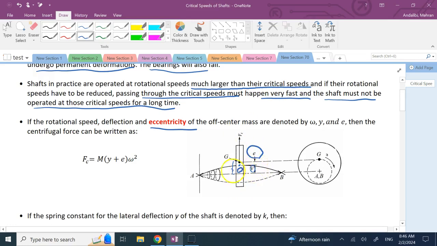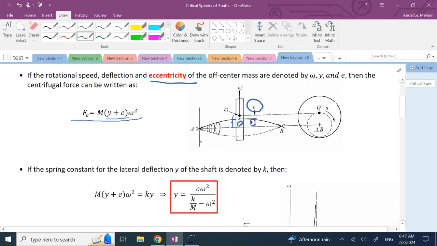When the shaft is very stiff and the load is not too much, that y might be very small, and you may not even see it with the naked eye. But when the shaft is not as rigid, or the load or the weight of these components is too much, then that y could be big enough that you can see or sense it very easily. So here is that radial distance, and this is that centrifugal force.